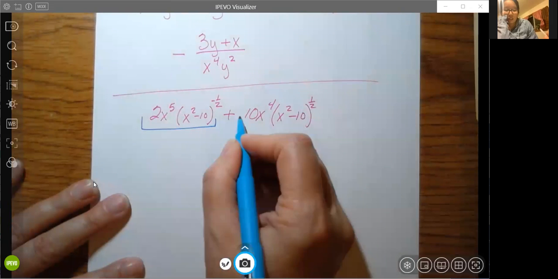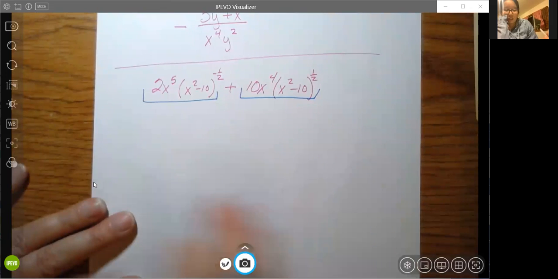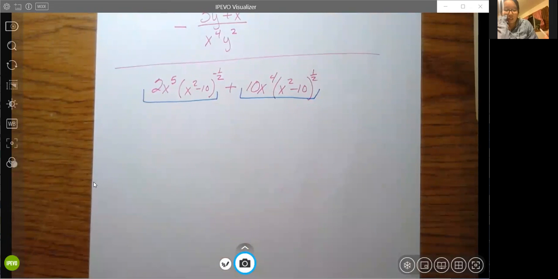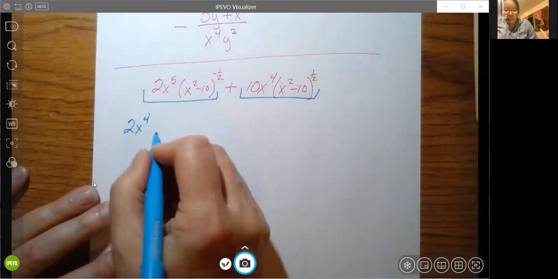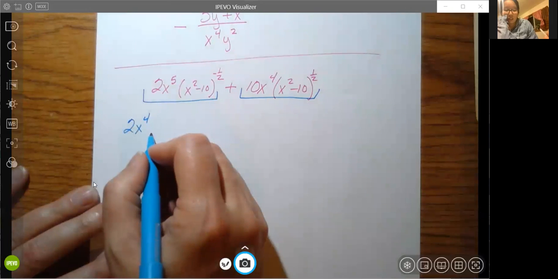All right. Here are our chunks. What would be the GCF? Charlie. 2x to the 4th. Oh, more?